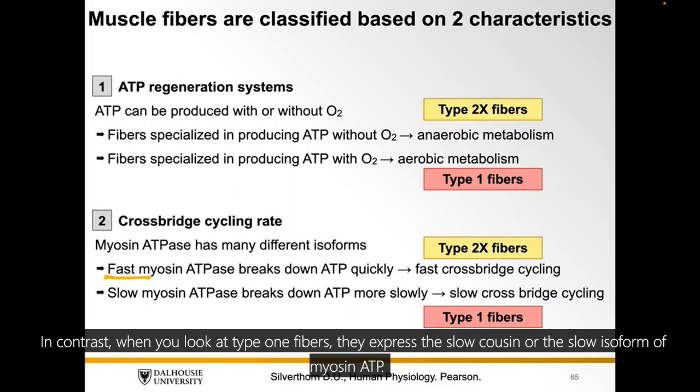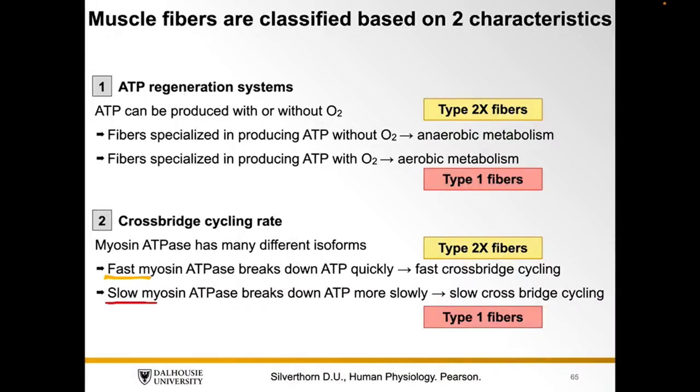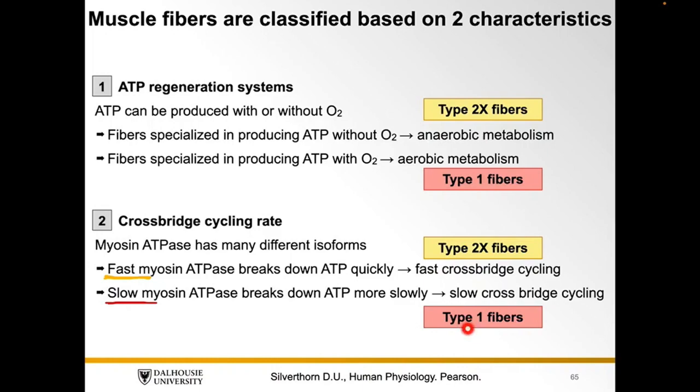In contrast, type 1 fibers express the slow cousin, or the slow isoform, of myosin ATPase. As a result, it just takes a little bit more time to break down the ATP into ADP, and that slows down how quickly that cycle can occur. The second core difference between these fibers is that type 2X fibers produce contraction quicker than type 1 fibers.